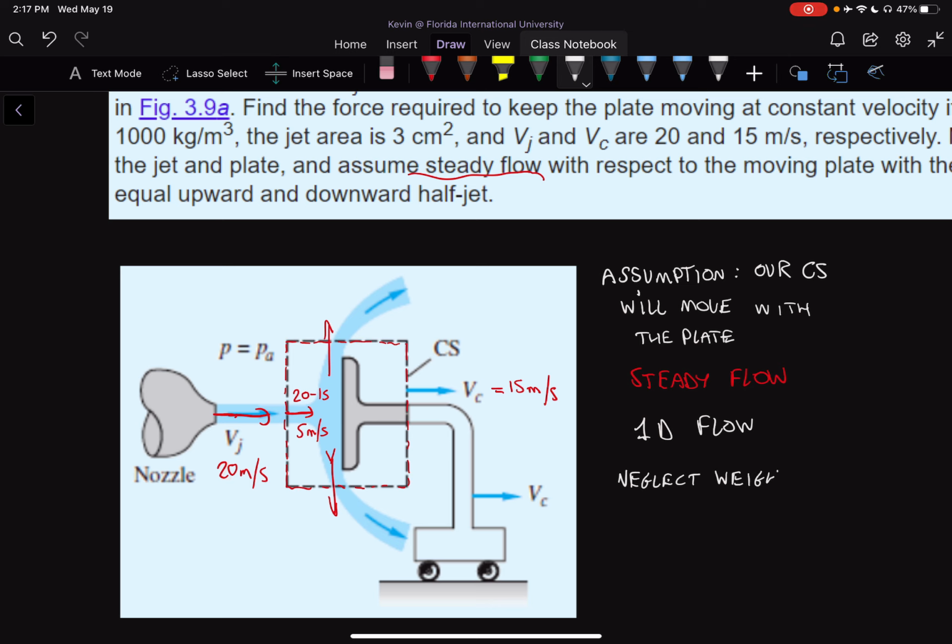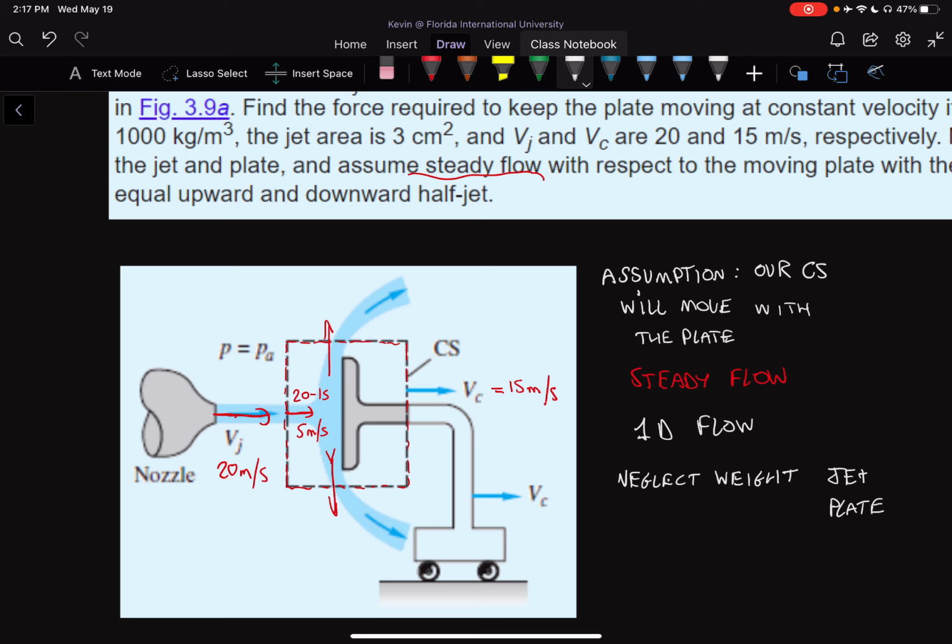We neglect weight so that we don't have an effect of gravity on momentum. It makes it easier in the first calculation. So we neglect the weight of the jet and the plate. Those are some of the assumptions we can make, and we can make more as we go along, but let's try and figure out what's happening.